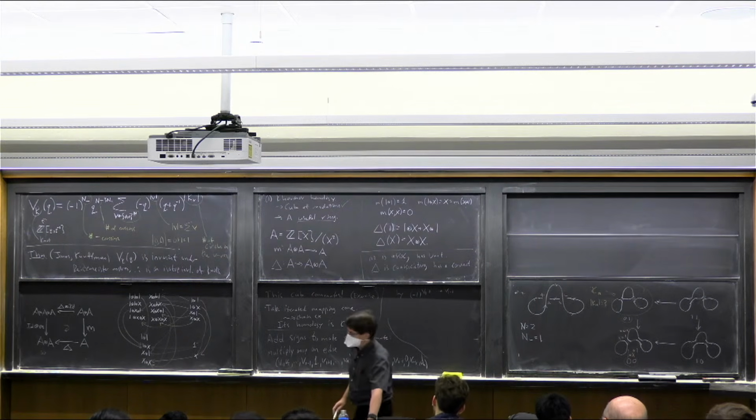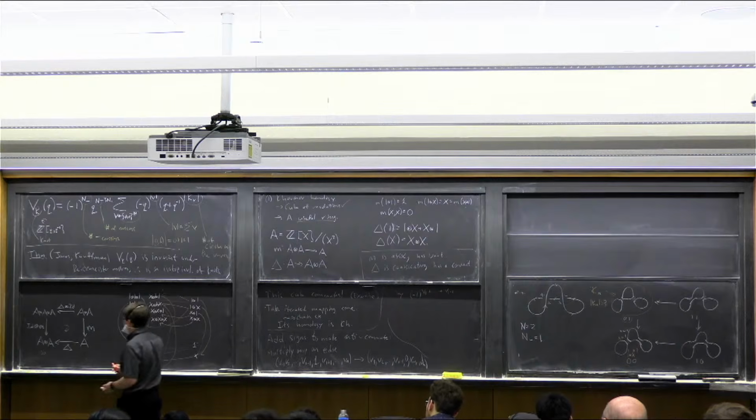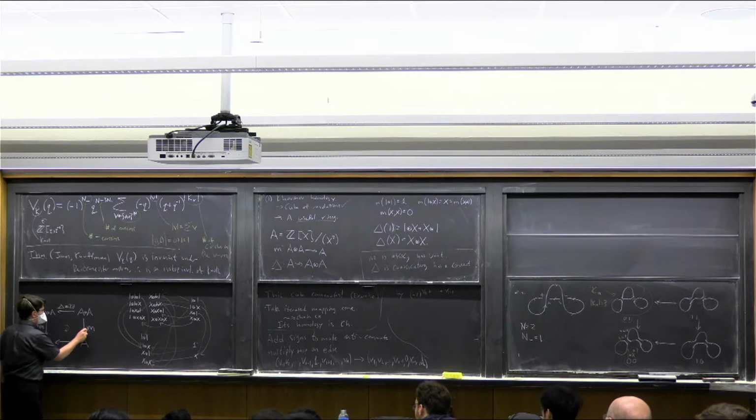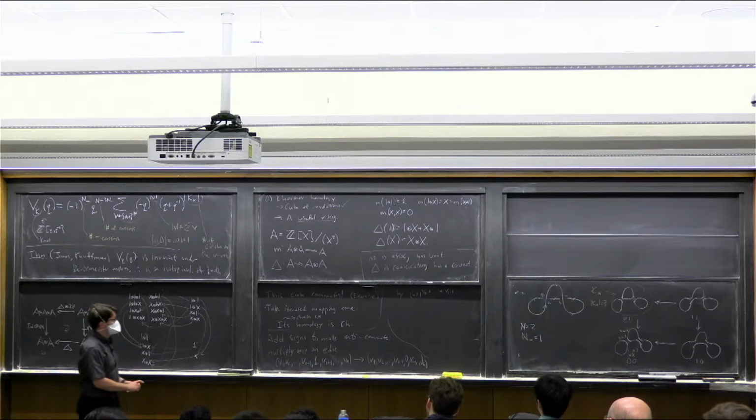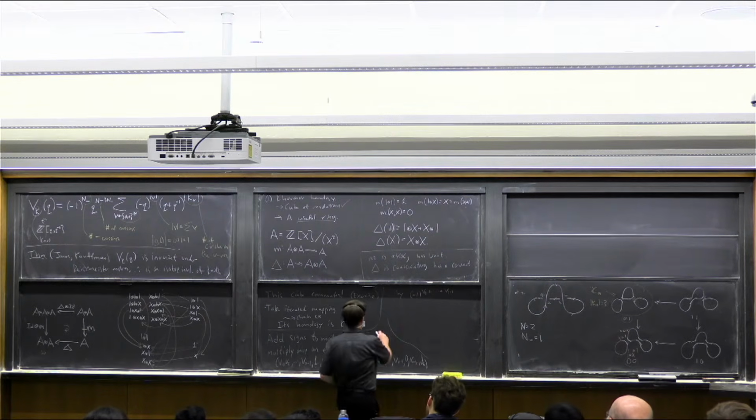So there's just some universal sign you multiply some of the maps by. And in this simple example, that means I put a minus sign right there. This lack of moving boards is becoming a real problem.